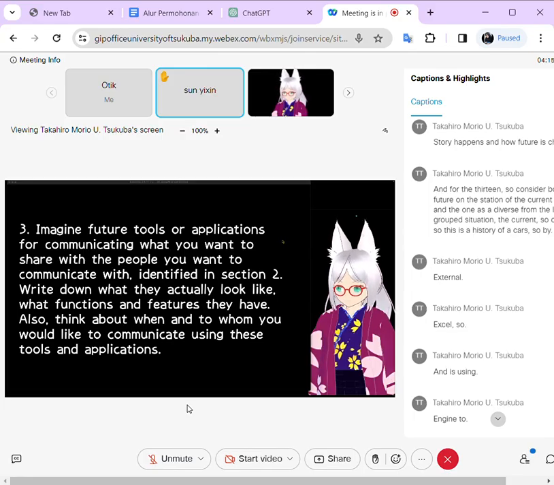This headset is obtained from a company called Strong Brain Technology, and it can detect the children's attention level and also their mood.